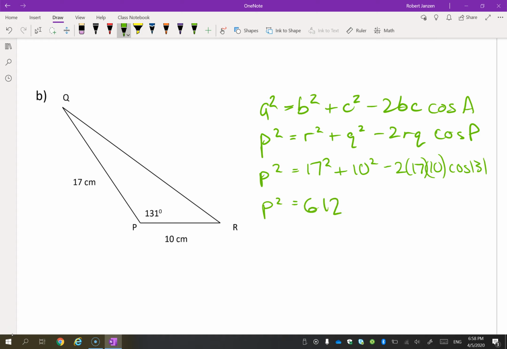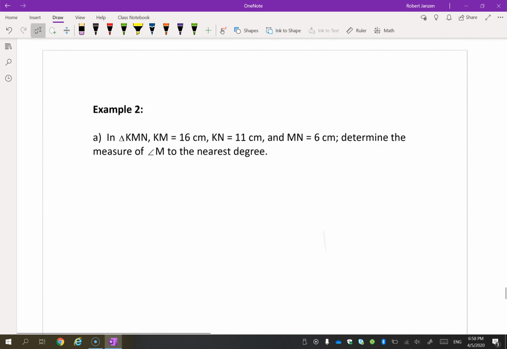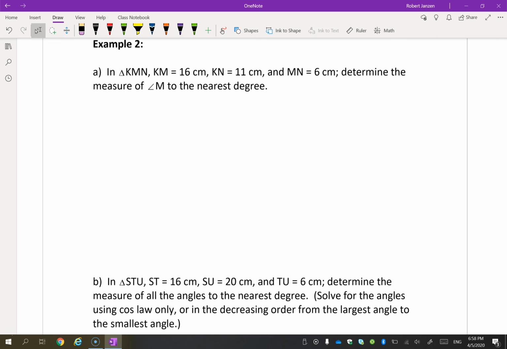Okay, so this time I have p squared is 612.06, etc. And so then I'm going to take the square root, and I get 24.7 centimeters this time. Pretty straightforward. The formula is given, so you don't need to memorize it. You just have to figure out how to plug it in. We'll try a couple more like that.